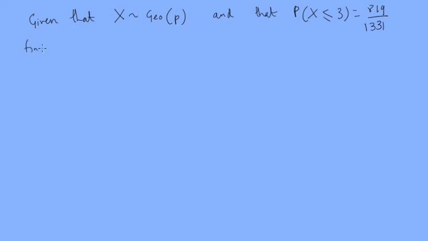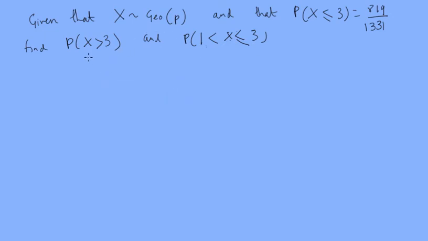Find the probability that x is over 3, and the probability that x is between 1 and 3, less than or equal to 3.